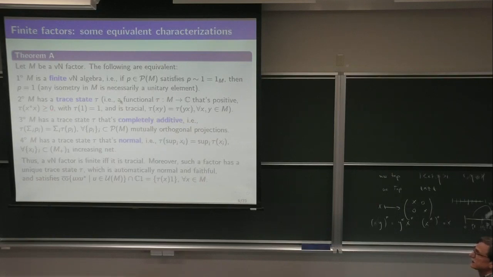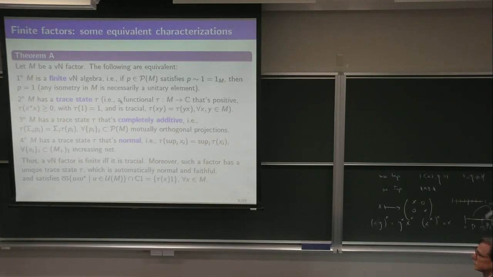Now, that is a pretty abstract, very algebraic condition, an axiom. And suddenly, the second condition, which is supposedly equivalent to this, is that M has a trace state, that is, a functional on M that's positive, that at 1 takes value 1, and that has the trace property.